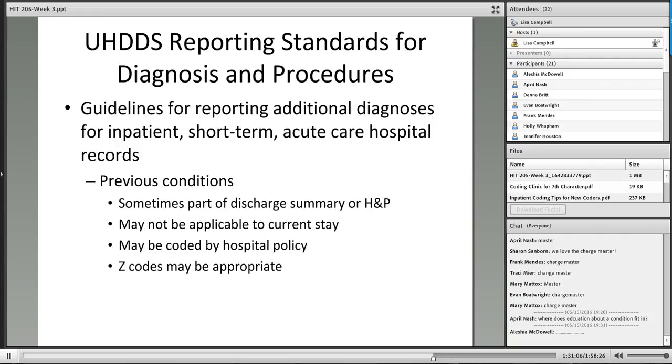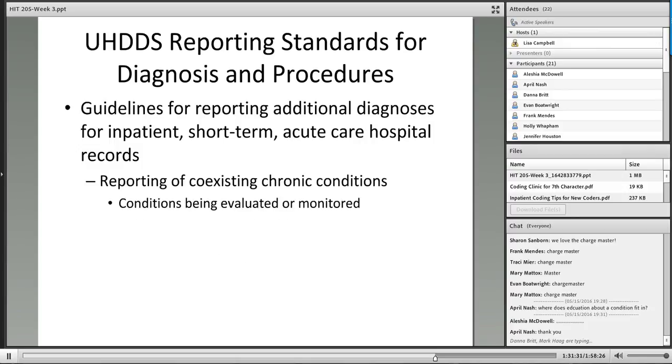That's a Z code. So in some instances, previous conditions can be coded, but let me just explain something. Coding is not a black and white process. There is lots of gray. Okay, let's look at some more examples.